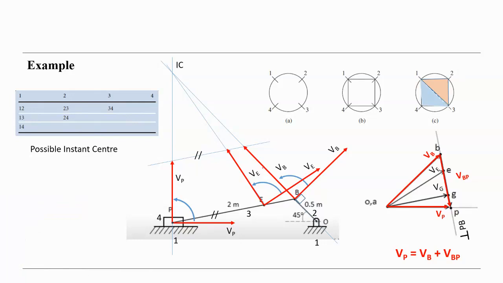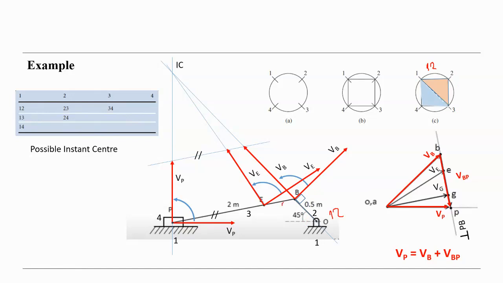The instant center 1,2 is here. This is 1,2. And then 2,3. Where is 2,3? 2,3 is here.